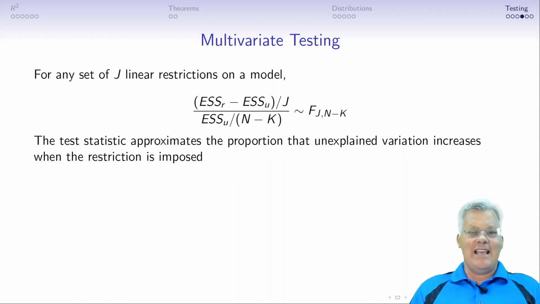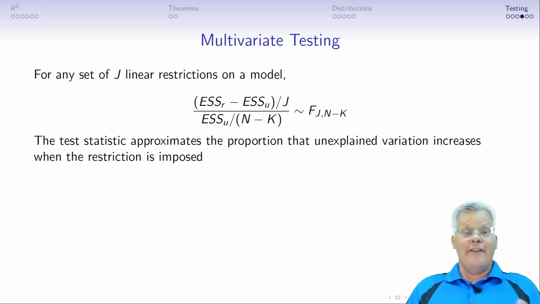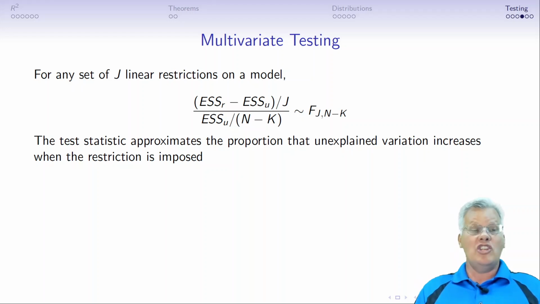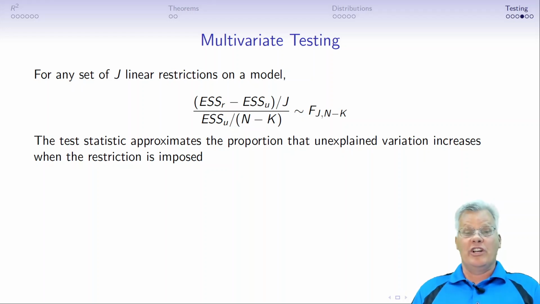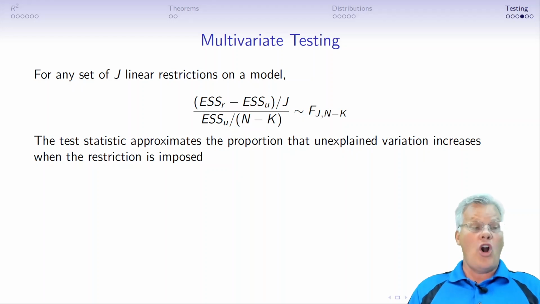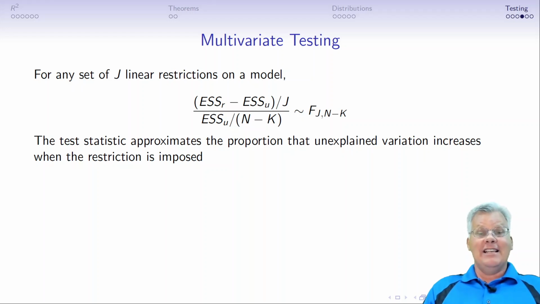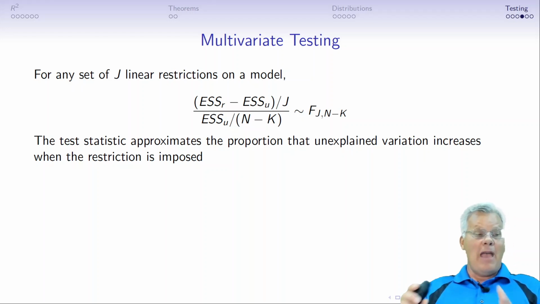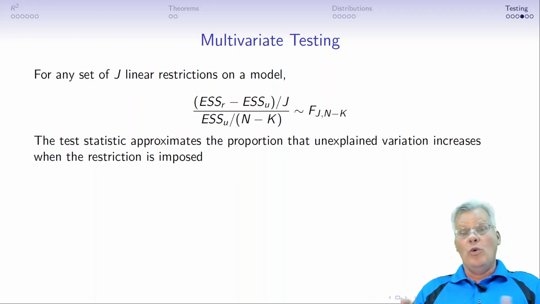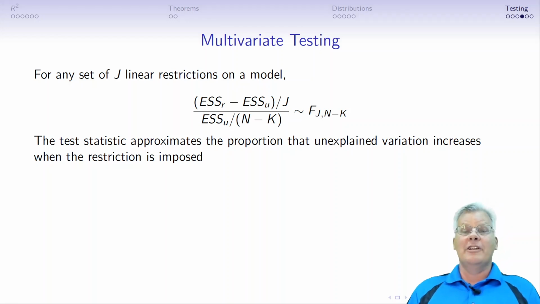So ESSU is the unrestricted error sum of squares. This is how much variation is left unexplained by the regression equation without any restrictions. I impose restrictions and I get a new error sum of squares, which will be larger. So ESSR minus ESSU is the amount that unexplained variation increases when these restrictions are imposed.